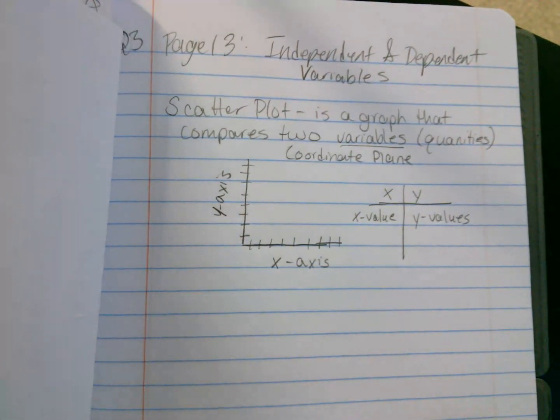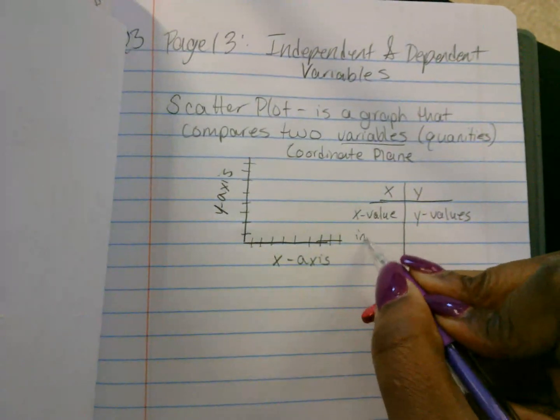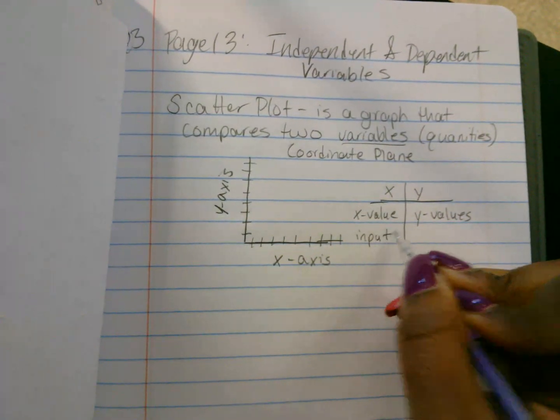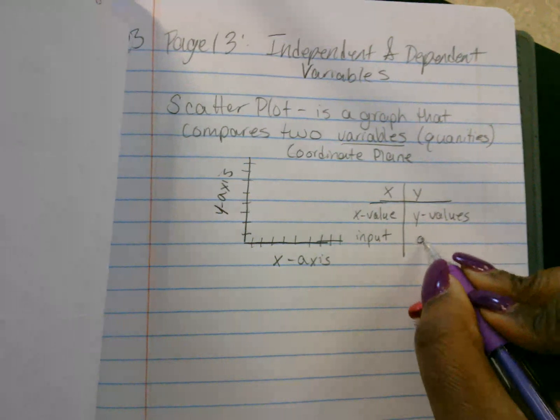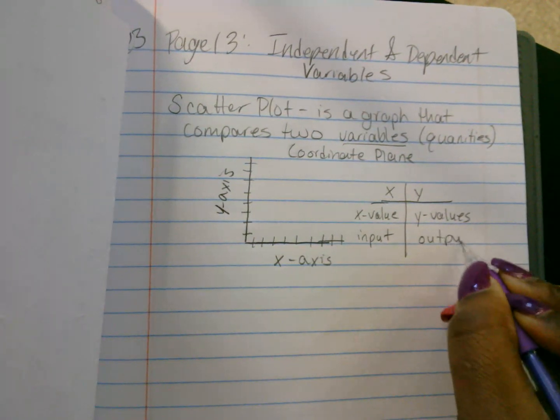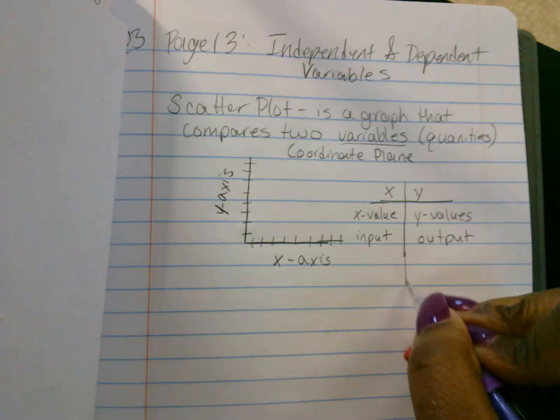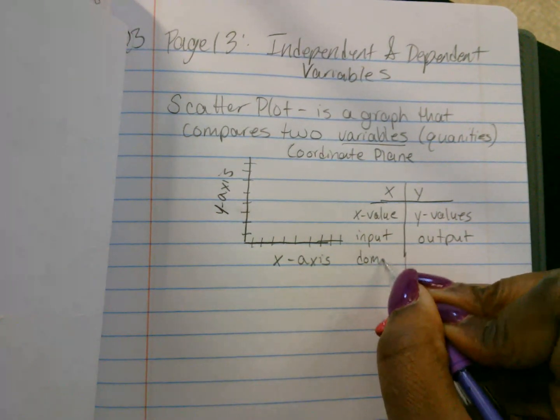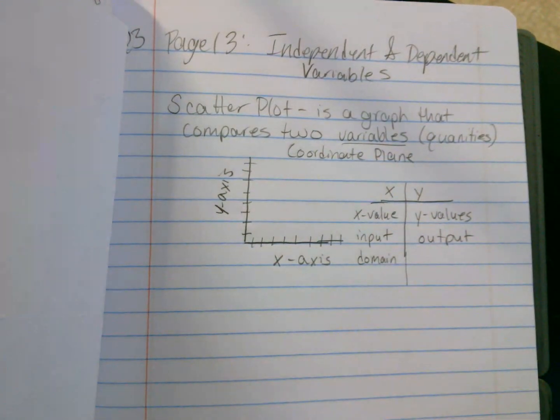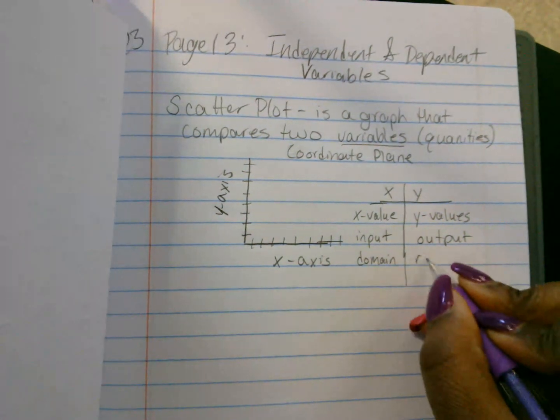We can also call the x input, and we can call the y our output values. Another name for x could be domain values, our domain. Another word for y could be range.